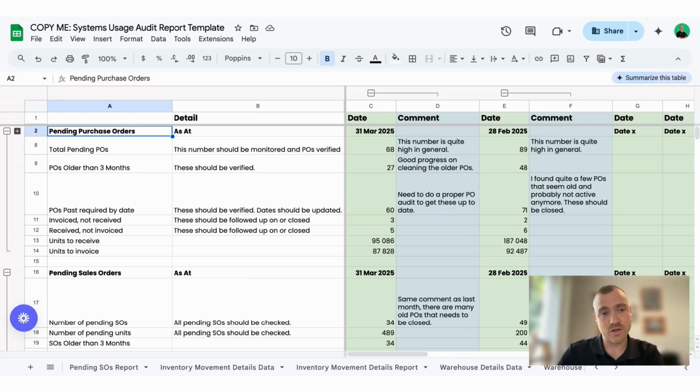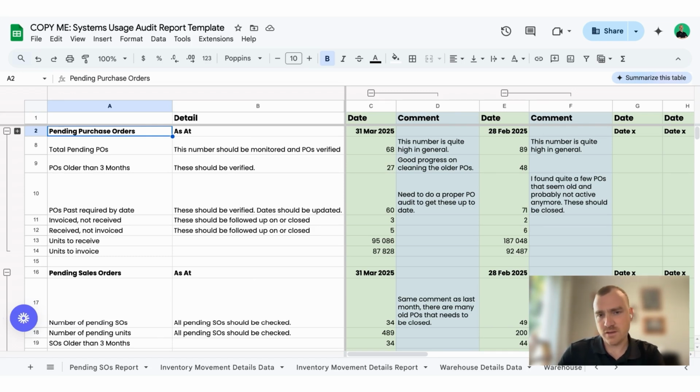Or you've got purchase orders that you've created, but you're not actually expecting to receive them. So it might be false purchase orders. So that is why we look at our total pending purchase orders.